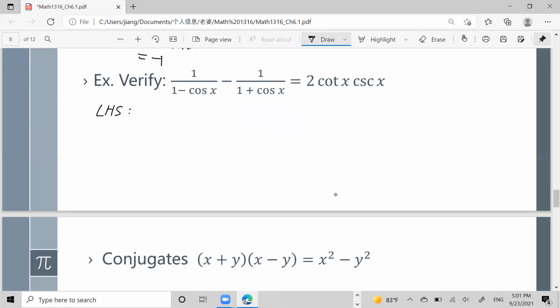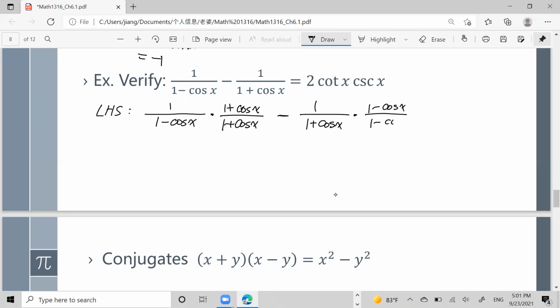So how do we make the same denominator? The first one, 1 over 1 minus cosine x, needs to be multiplied by the other denominator, upside down, by 1 plus cosine x over 1 plus cosine x. Minus this one, 1 over 1 plus cosine x, multiplied by, to create the same denominator, the other part upside down, 1 minus cosine x over 1 minus cosine x.